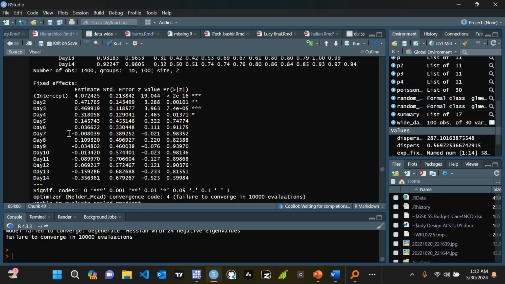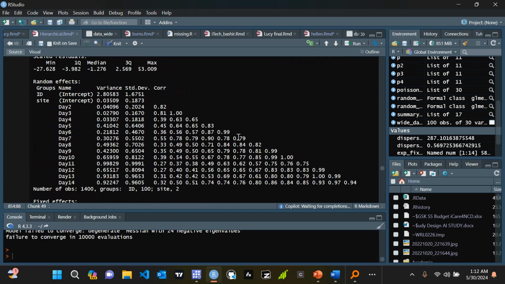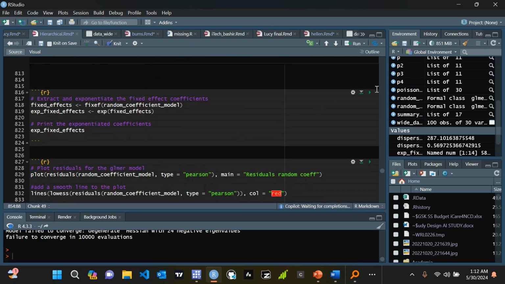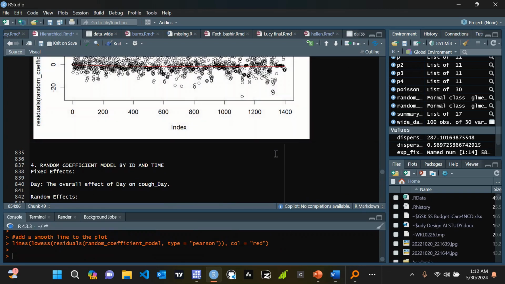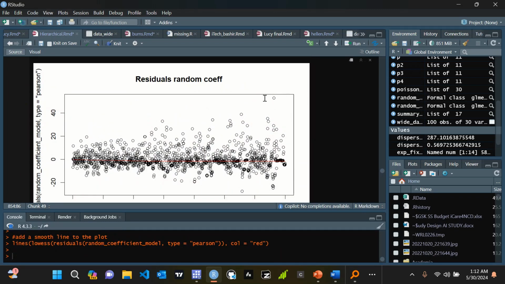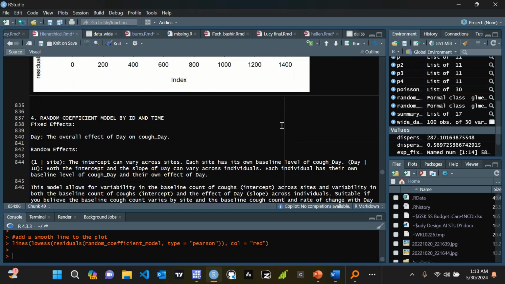It shows that the decline starts at day 7, however it is not statistically significant. And when we plot the residual plots, we can see it still has those random residuals up here.